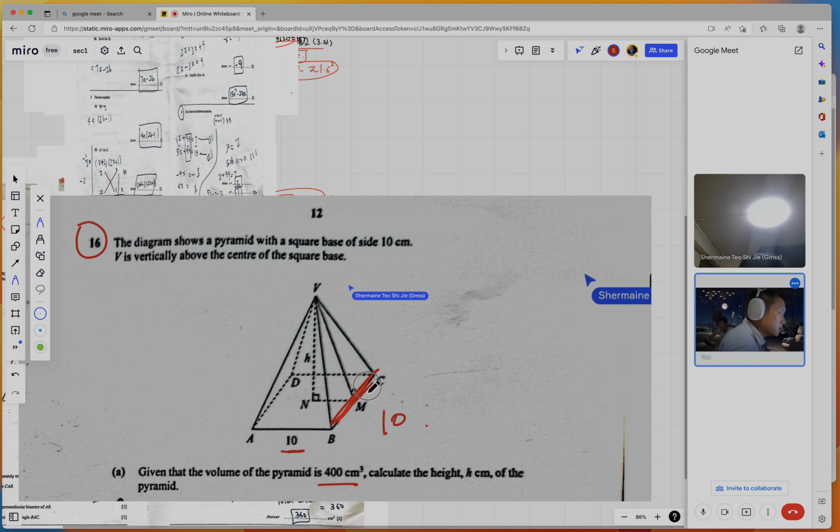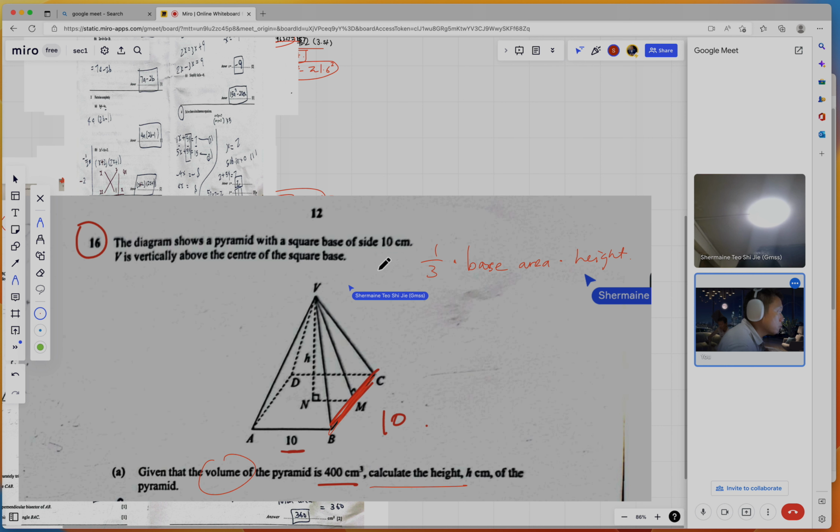Over here it says it's 10, right? So the formula for the pyramid is 1/3 times base area times height. Clear?